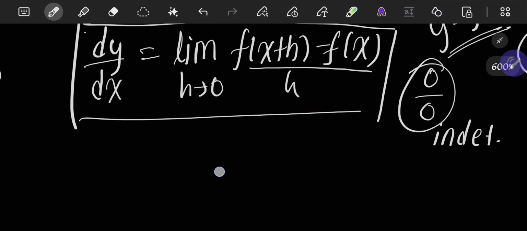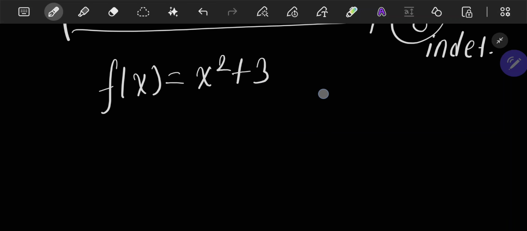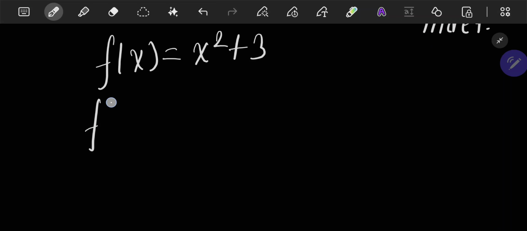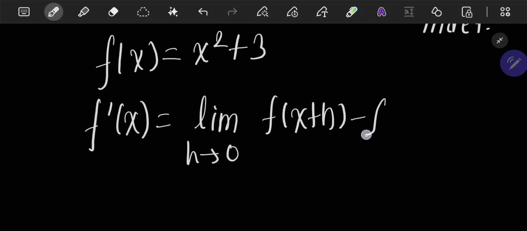And to put it into practice, let's say we have a function f of x equal to x squared plus 3. Now, by the definition, we have that f dash of x is equal to the limit as h approaches 0 of f of x plus h minus f of x over h.